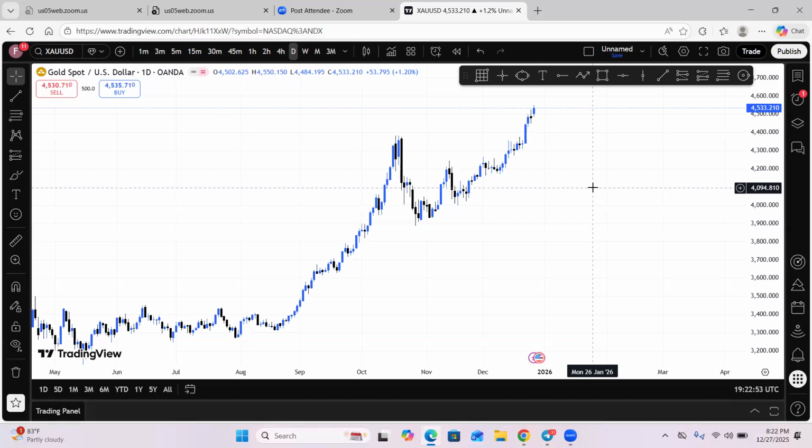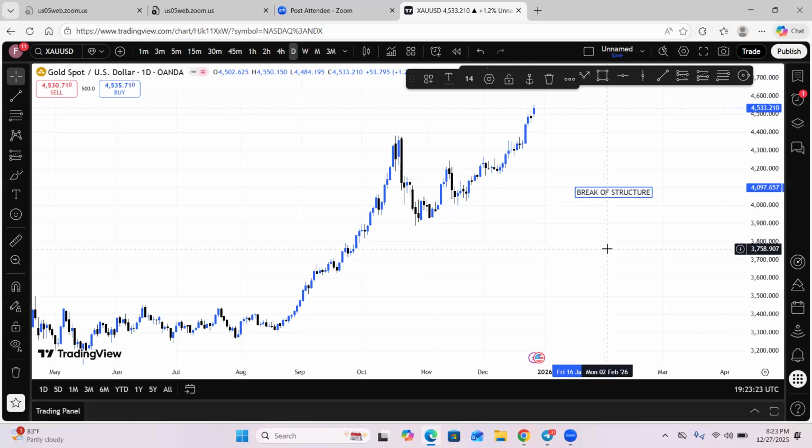Now, after that, when trading smart money, you have to look for the most recent break of structure. So today, what we are going to be learning is break of structure. Let me type it out so you know what I mean: break of structure. Anytime you see BOS on my chart, it's just short for break of structure.